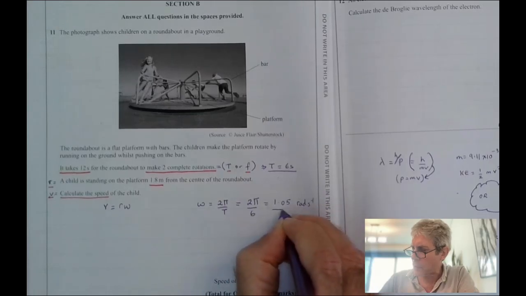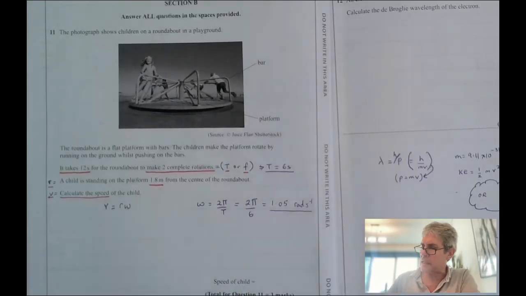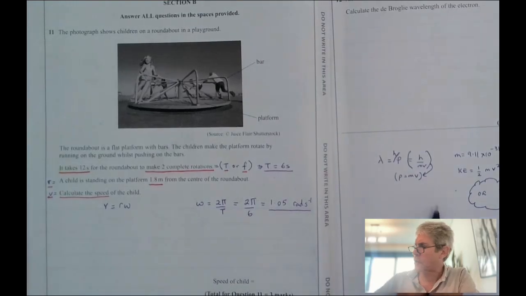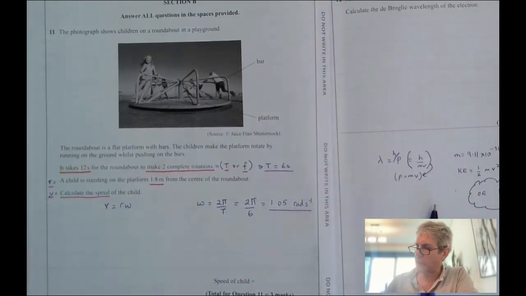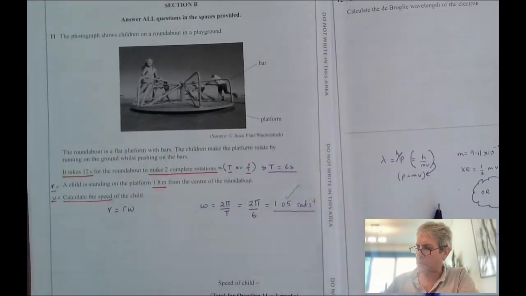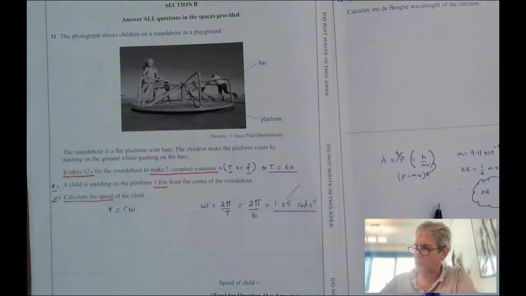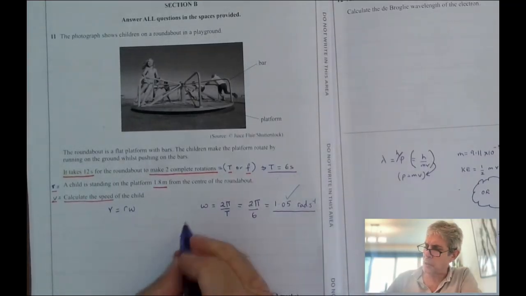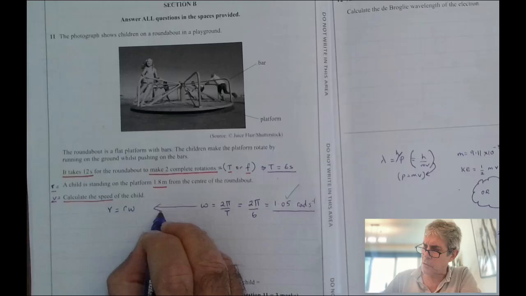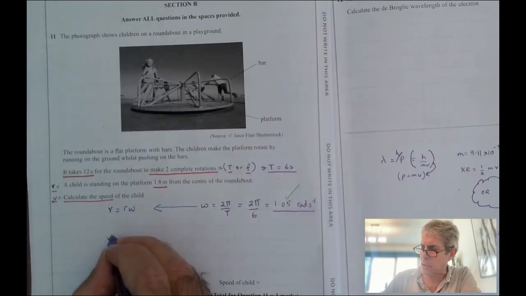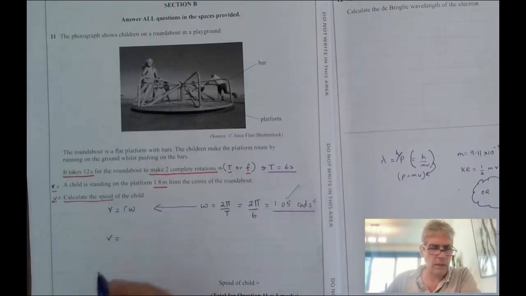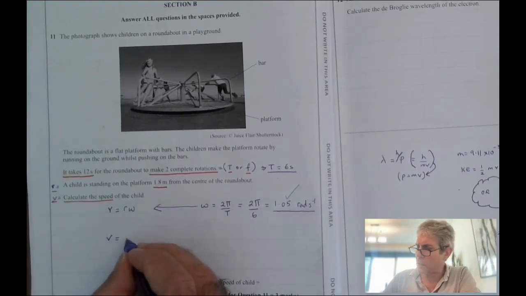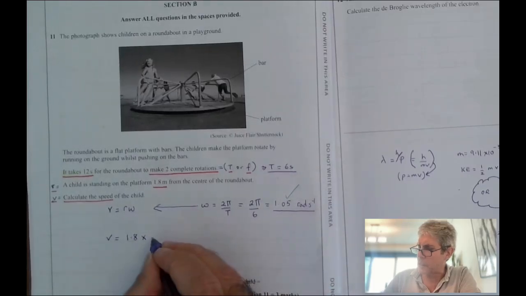Don't forget to include the units in these interim calculations. If you've got that, you'll get your first mark in the question. Once you know omega, you can then use it in v equals r omega. We've been given r, so you multiply the radius, which is 1.8 meters, by the omega we just calculated, which is 1.05.